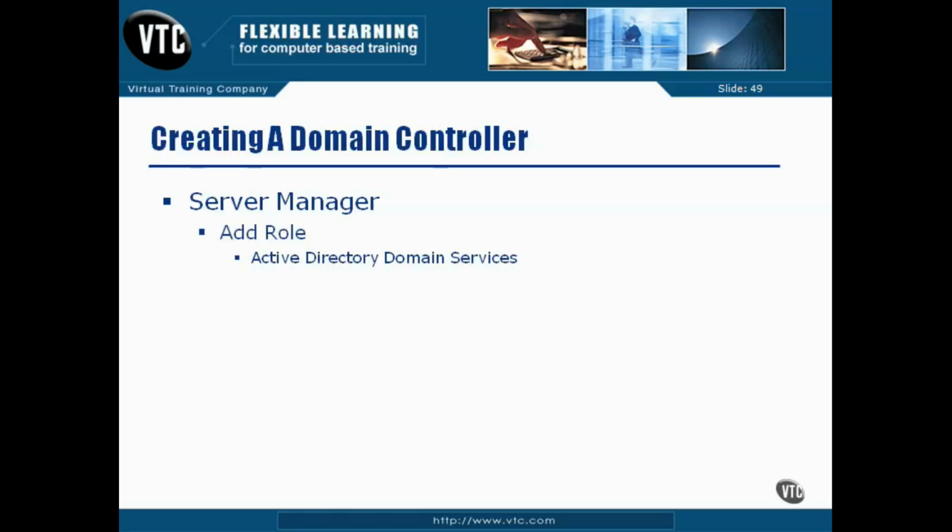The role that we need to add is the Active Directory Domain Services. Now that just adds the role to the box, but then we have to actually promote that particular box to an Active Directory Domain Controller. So we're going to run DCPromo. Having said that, let's go actually do this and let you see what it looks like.